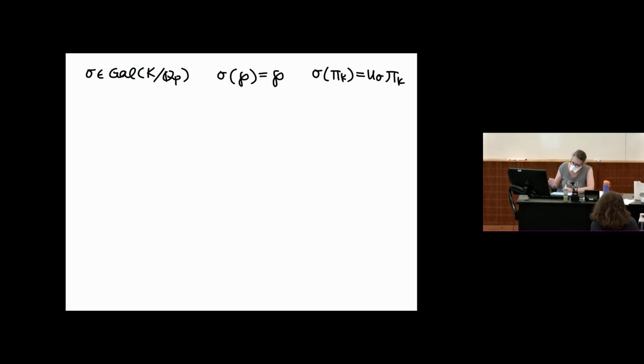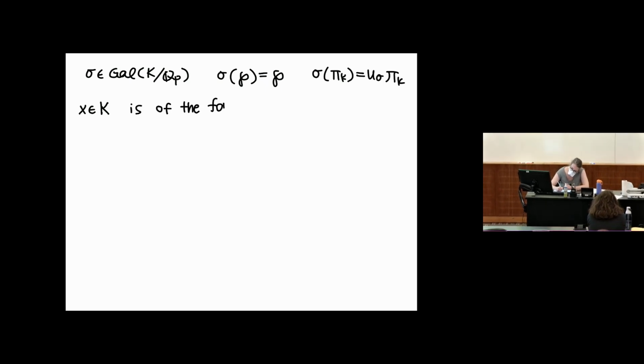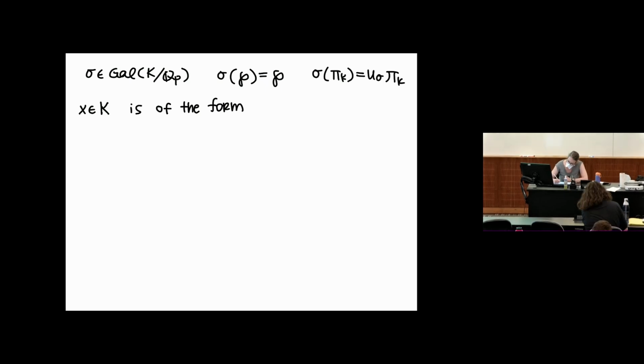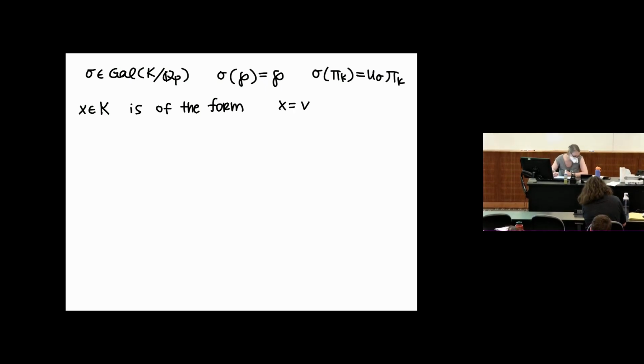So it's also a fact that every element in the field K is of the form a unit times the prime to the m, where v is a unit in O_K cross.